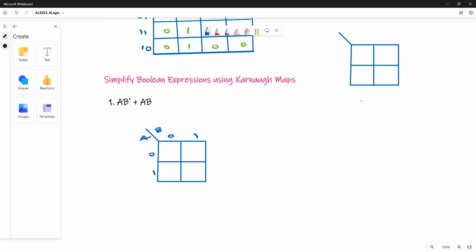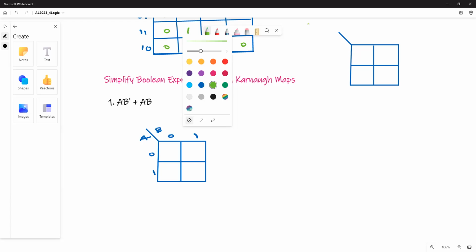Right. Now can you put the values and send me a WhatsApp? See whether you can do this. Fill the values corresponding to this expression. So when you say expression, we have to get, first of all, A B bar.